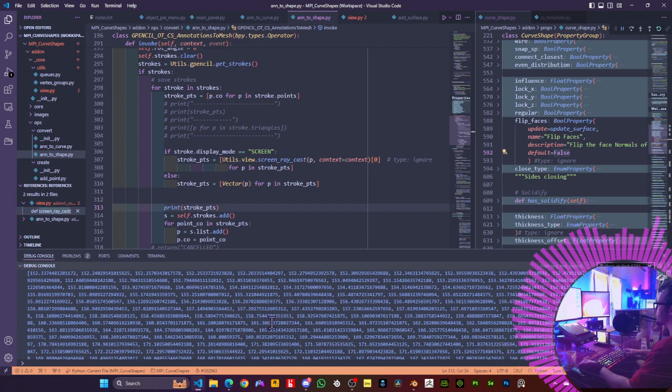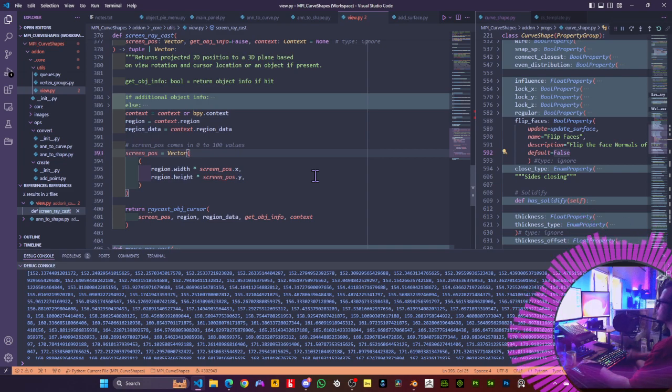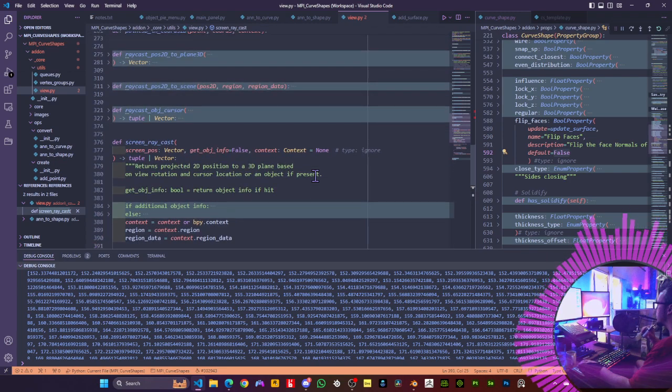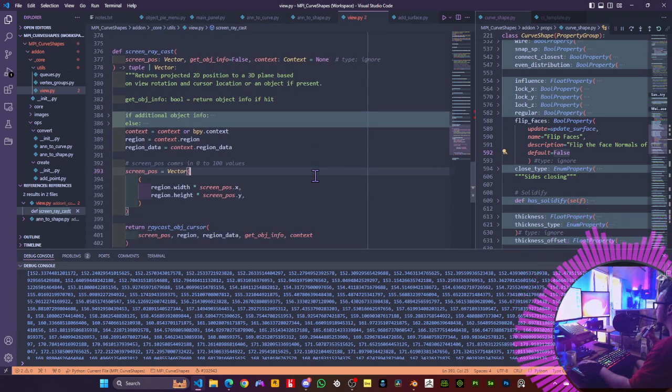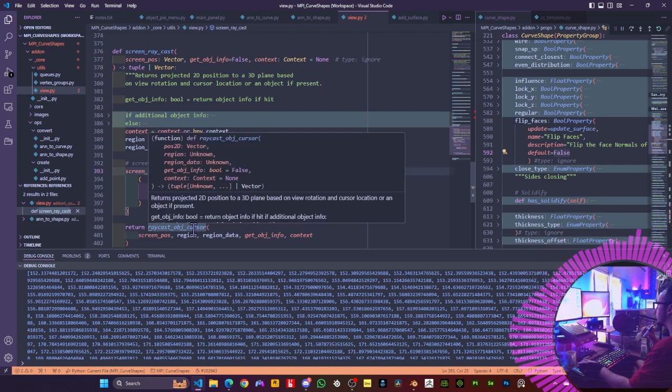Right, I need... I think I just need this raycast object cursor.